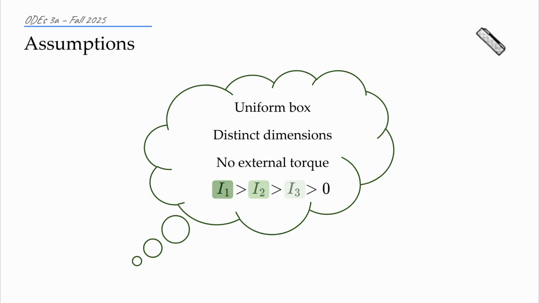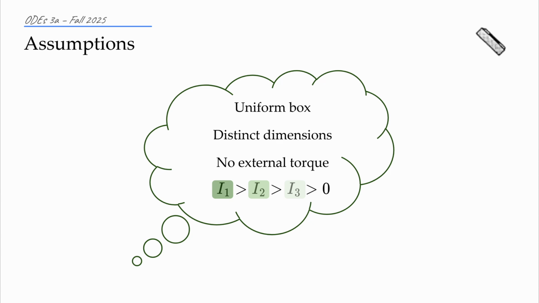This model makes a couple of assumptions, namely that we're dealing with a uniform box with distinct dimensions. This means that the box we're considering can be imagined to look something like a book, or like a phone, as we saw earlier. This model also assumes that no external torque is applied to our tumbling box, as mentioned earlier.